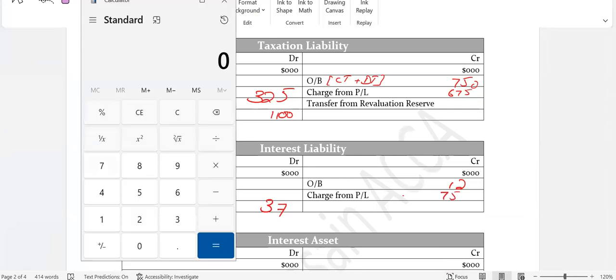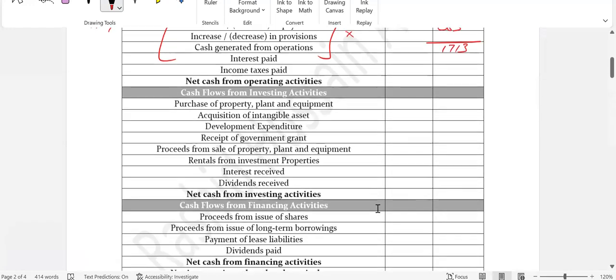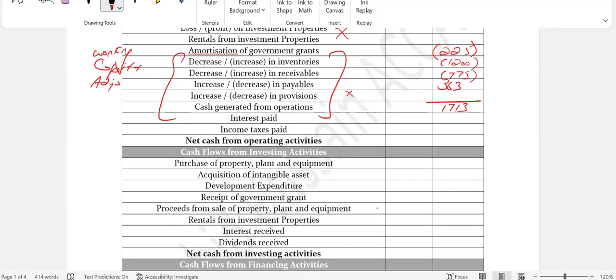So which is 75 plus 12 minus 37. So you get 50. Interest paid is 50 and tax paid is 325.